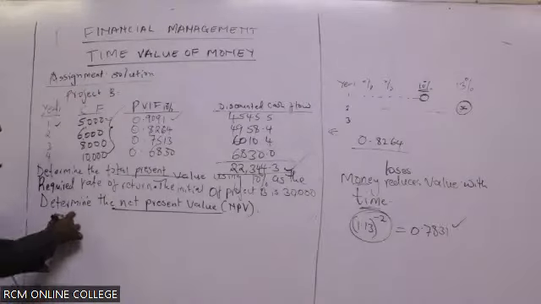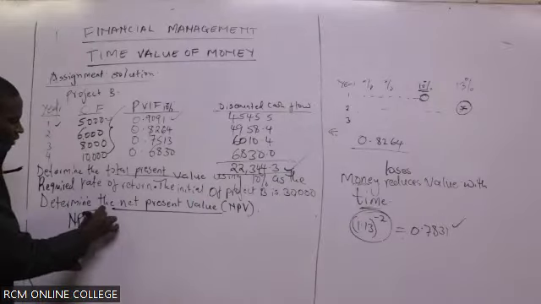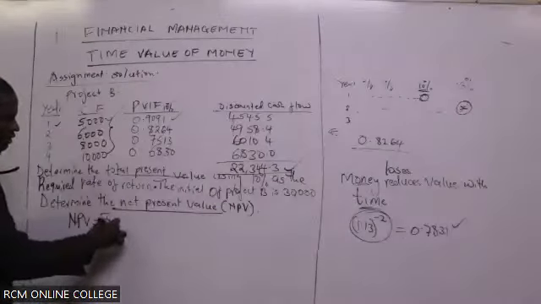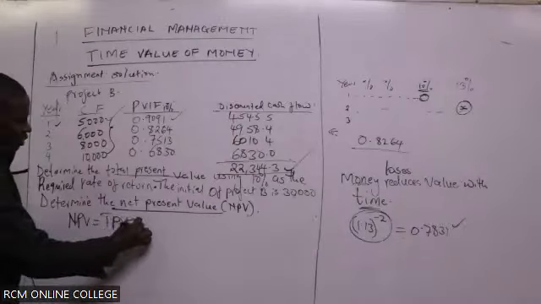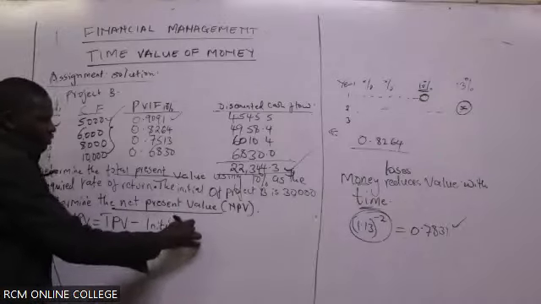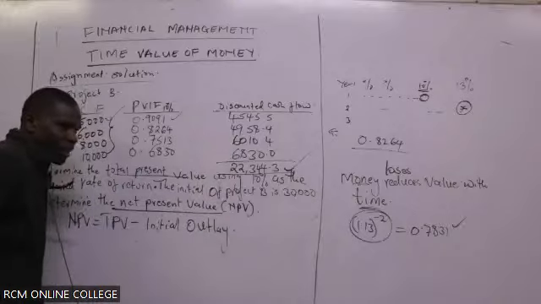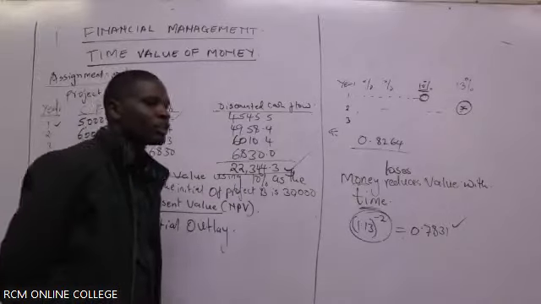Class, to determine NPV, we say that it's gotten by getting the total present value minus initial outlay. Now I want somebody to give me their net present value of project B.